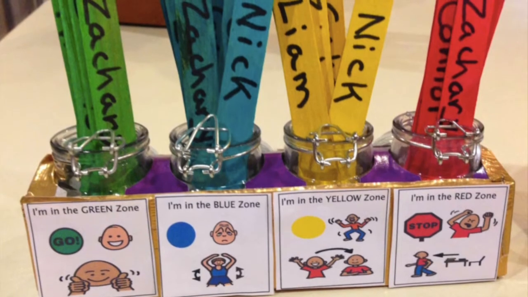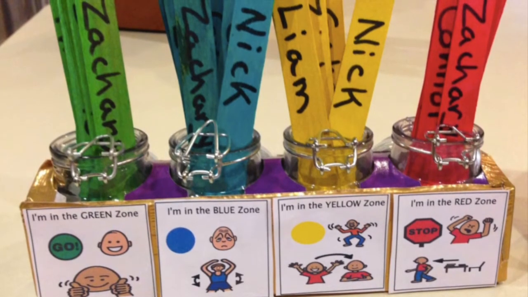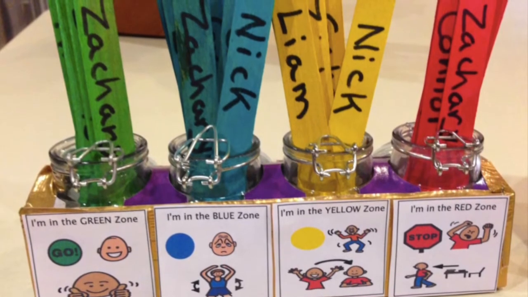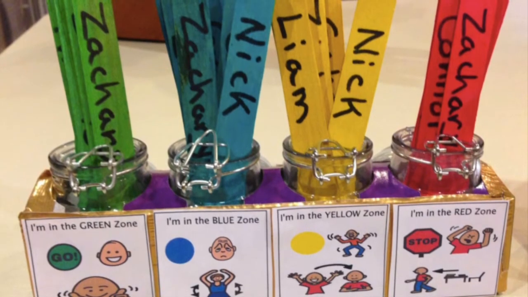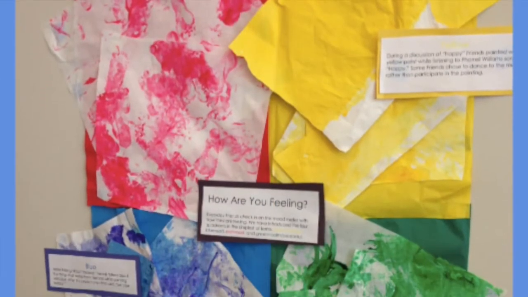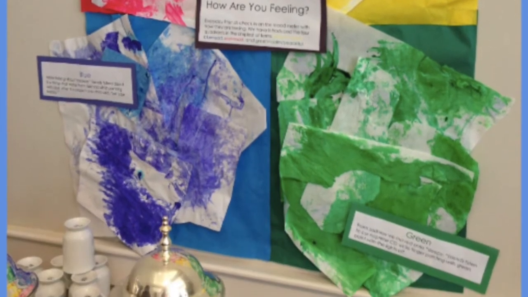They can constantly move it around, and it'll help us raise awareness of where our students' brains are at, and maybe approach those kids differently when they're in certain zones. This is just kind of an artsy way to portray that.